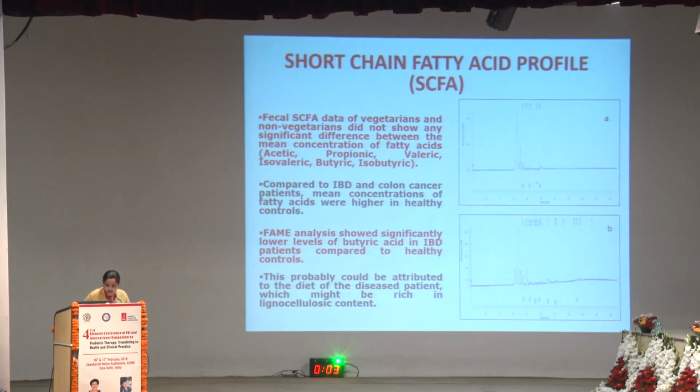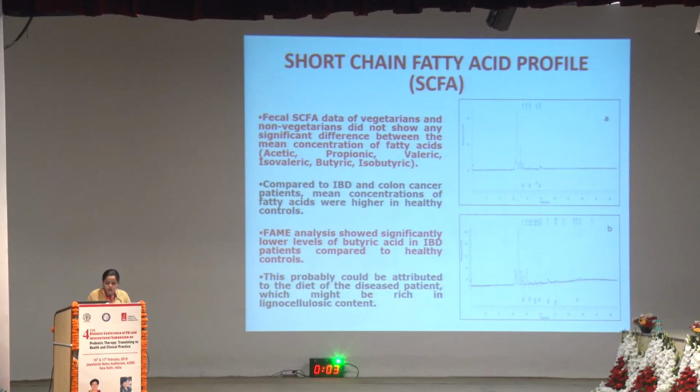In the short-chain fatty acid analysis profile, we observed that there was no significant difference between the healthy controls, but when compared to the IBD and colon cancer patients, the concentration of fatty acids was much higher in healthy controls. FAME analysis showed a significantly lower level of butyric acid in IBD patients when compared to the healthy controls.